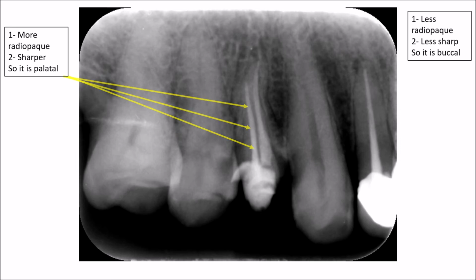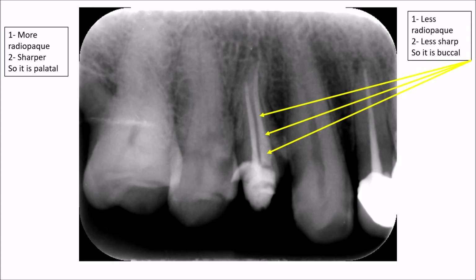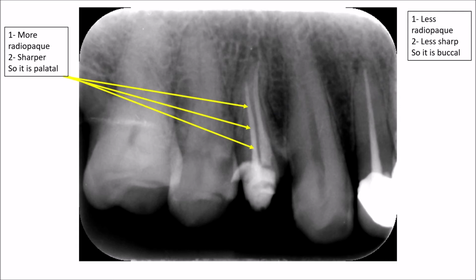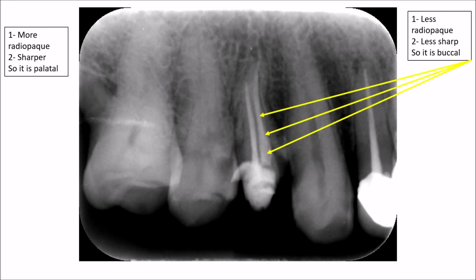If we have a look at this radiograph, which is a periapical radiograph showing the image of the upper canine, premolar, and the second premolar.